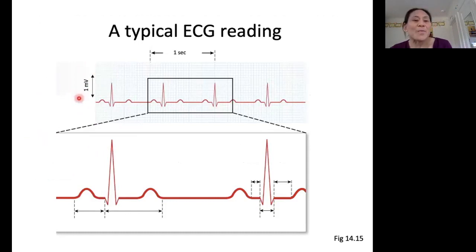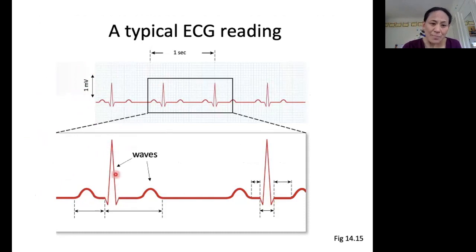Now that I've prefaced EKGs, let's take a look at what an EKG trace looks like. An EKG recording has a baseline voltage and then some deviations from that baseline voltage.